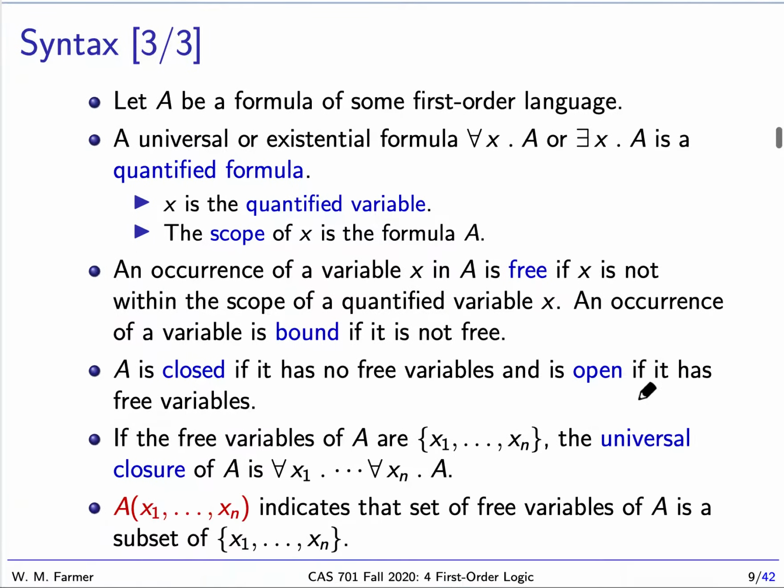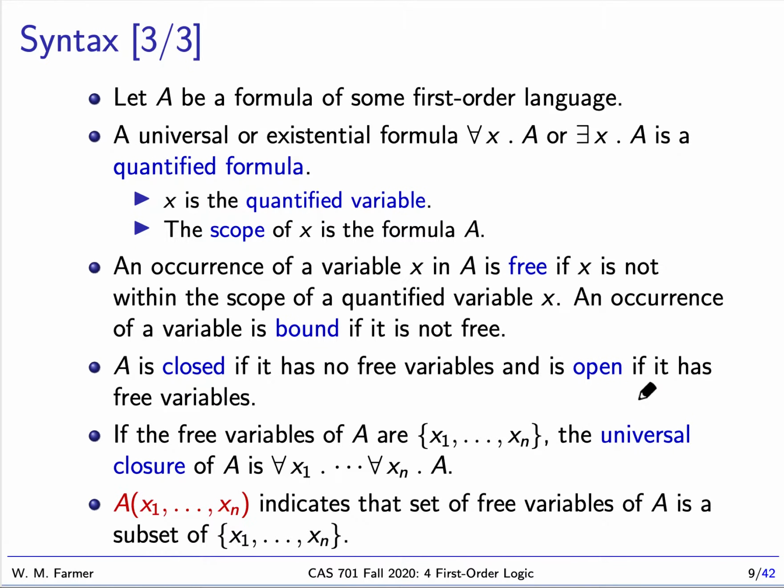Okay, so let A be a formula of some first-order language. A universal or existential formula is either, as I said, this or this.